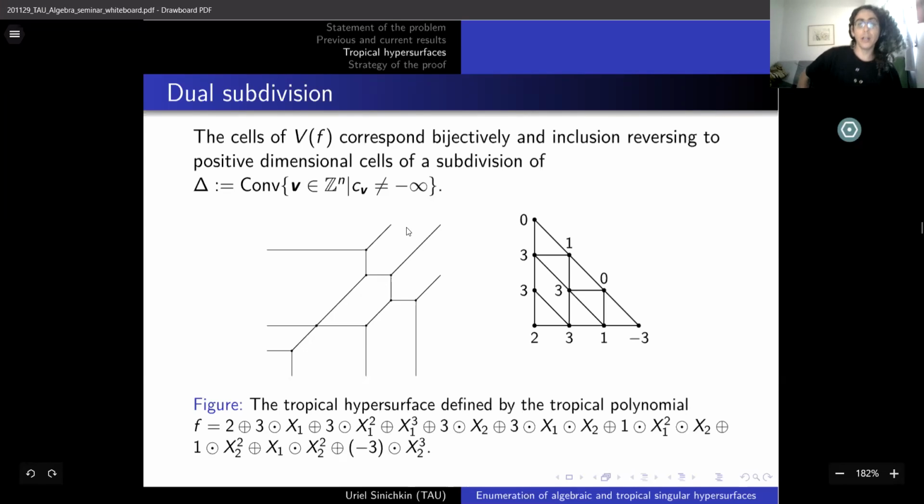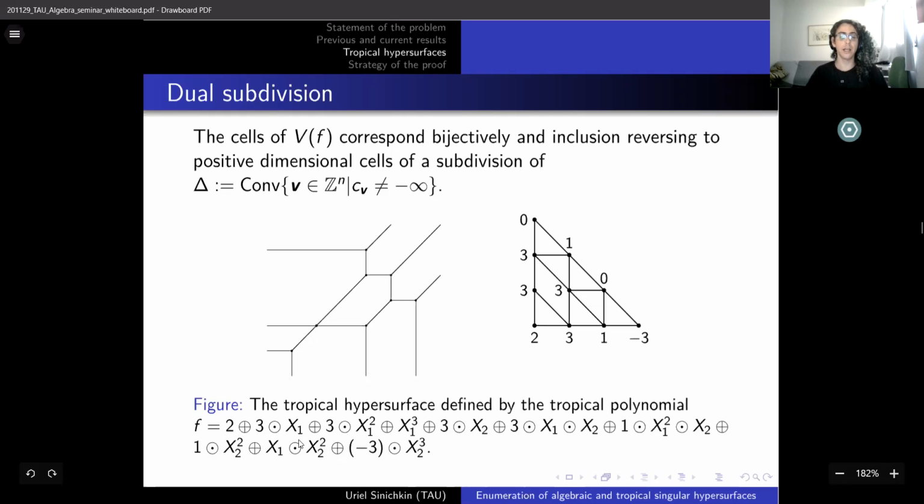So for the Newton polytope, there exists a subdivision into lattice polytopes, such that the cells of the tropical hypersurface correspond bijectively and inclusion reversingly to all the cells of the subdivision except the vertices, so all the positive dimensional cells.